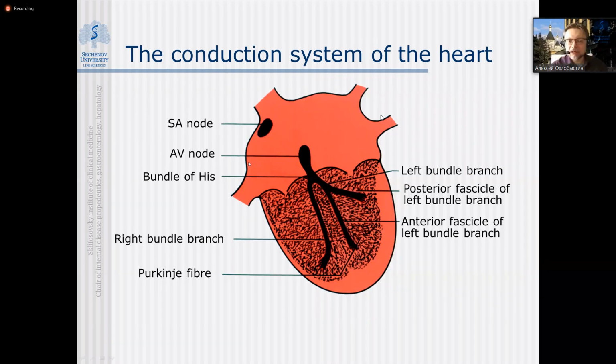We have the heart. And you're told in your physiology classes that there are two basic features of the heart. It may be activated, and it may generate impulses by itself. And second, it can conduct impulses.